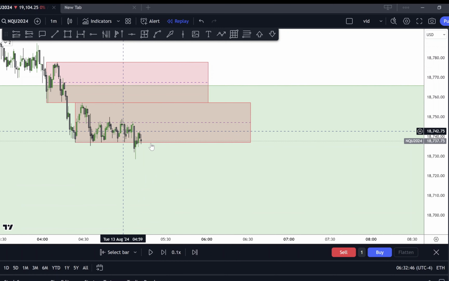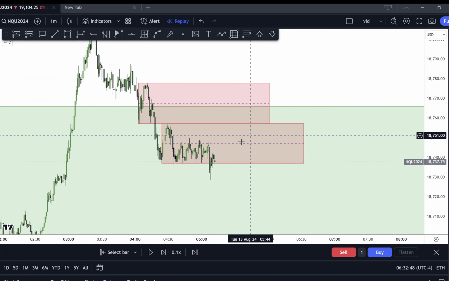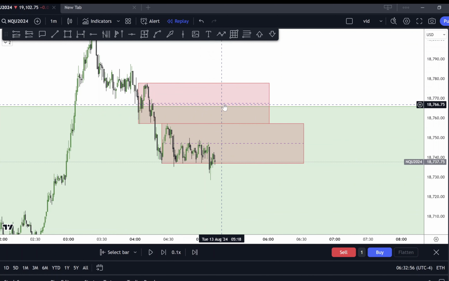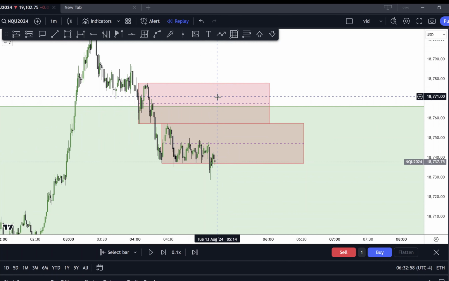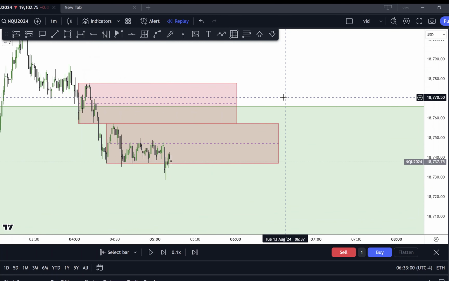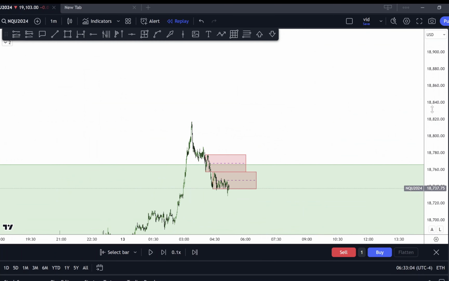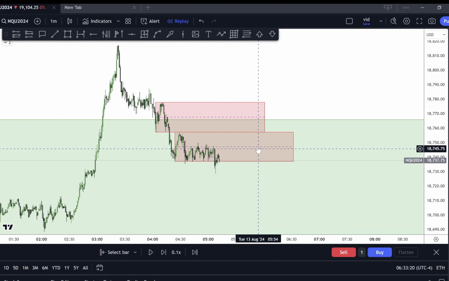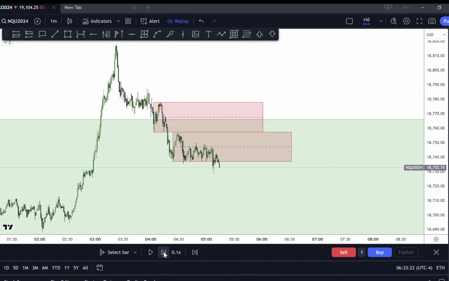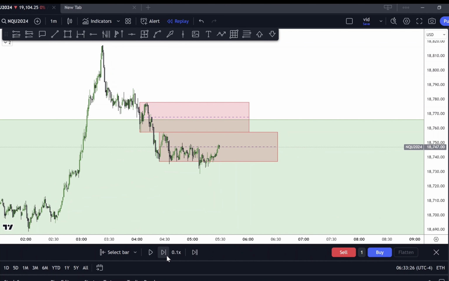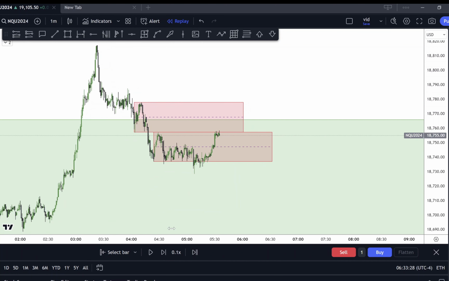Now there is another rule that says that we don't trust the 50% of a zone if we have an unmitigated zone above it. Okay, but we are stress testing the moneymaker setup here, so we are taking the trade from the 50%. Okay, if they tag us in. So we're in, okay, and we got our first loss.